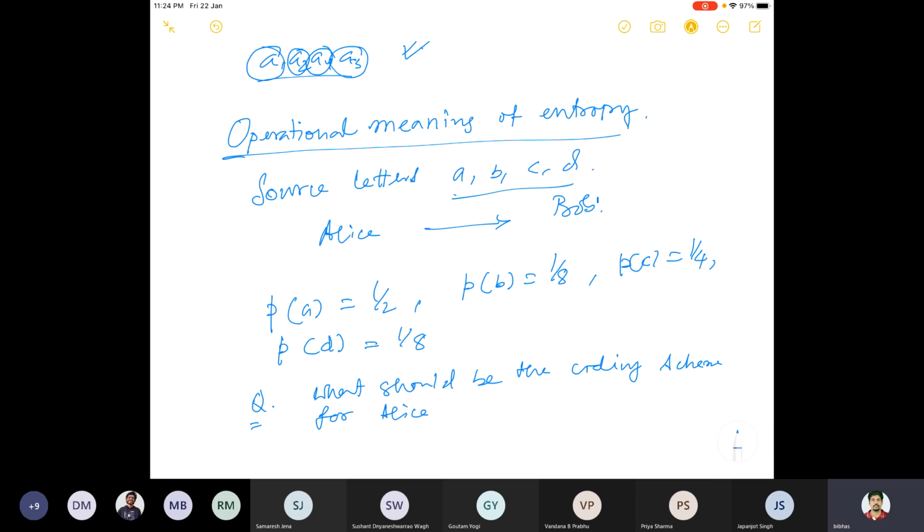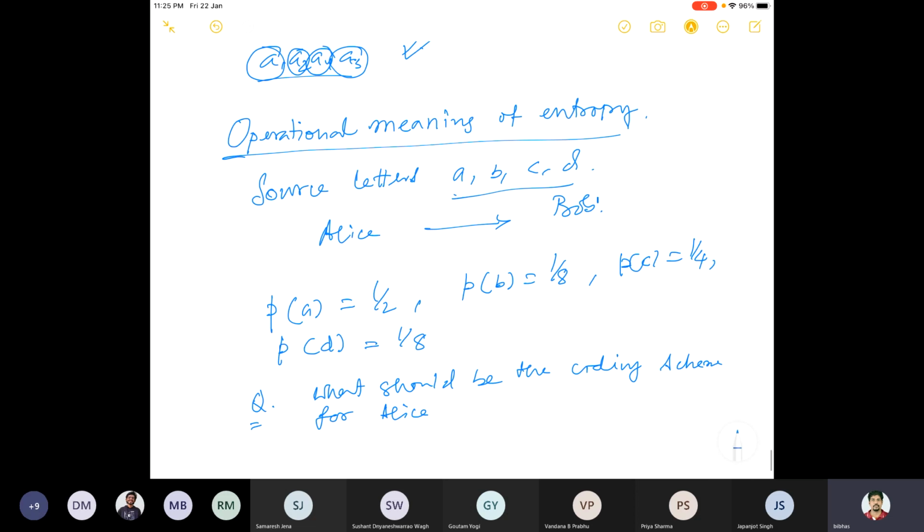What do you think? What should be the code words corresponding to these letters? My question is, how does Alice decide the length of each of these code words? And then she has to decide about the code words.